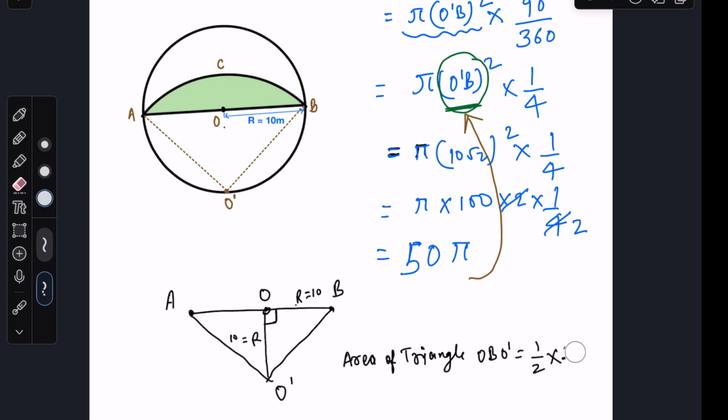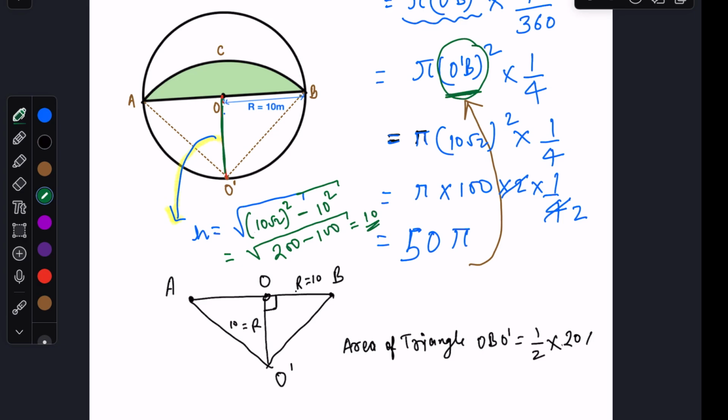Radius is 10, so the base will be 20, into height. Height we don't need to calculate, because this is nothing but the radius, which is 10 only.